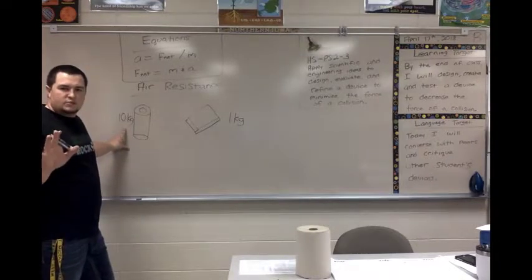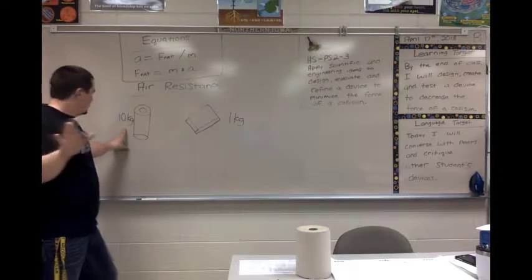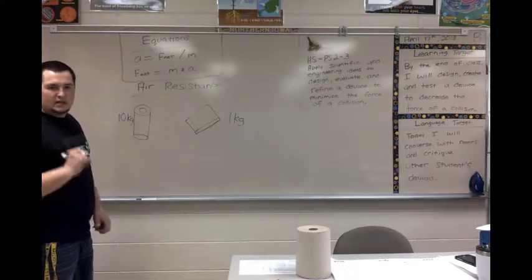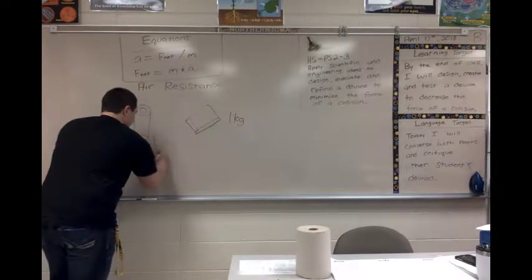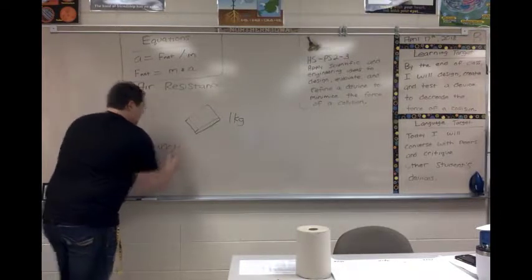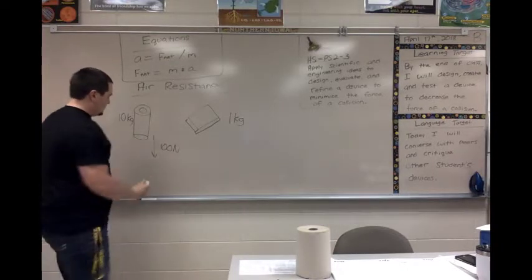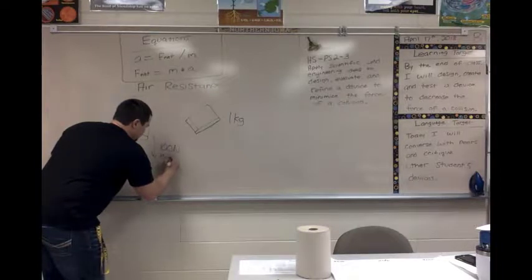For this instance, we're going to say that gravity equals 10 meters per second squared. Okay? So if we take 10 meters per second squared times 10 kilograms, that gives us a net force in the downward direction of 100 newtons. So the gravitational force in this direction should be 100 newtons.